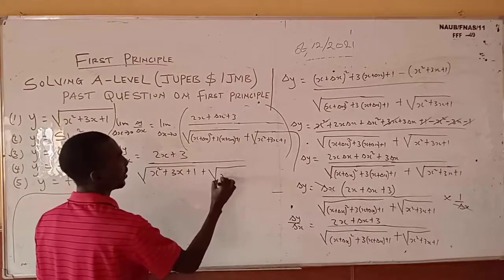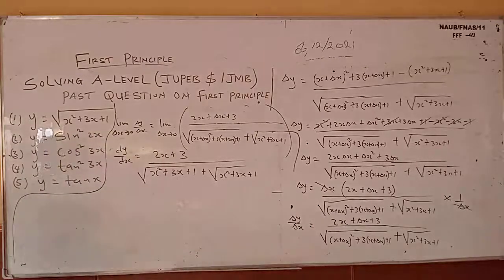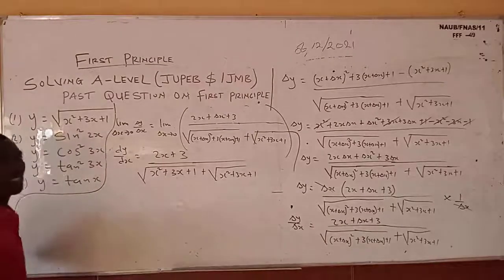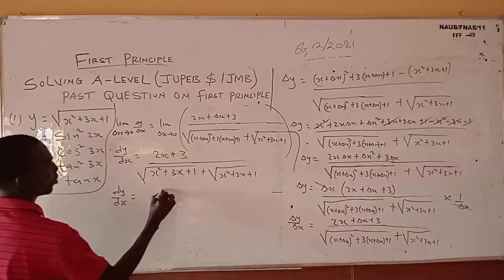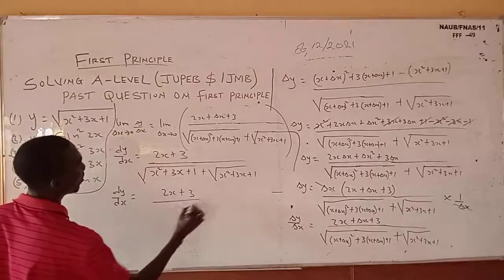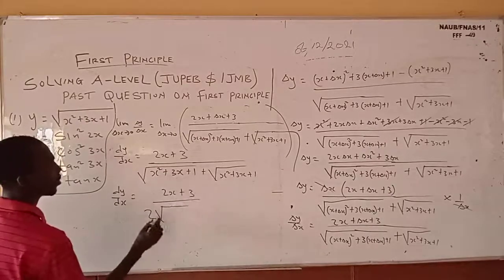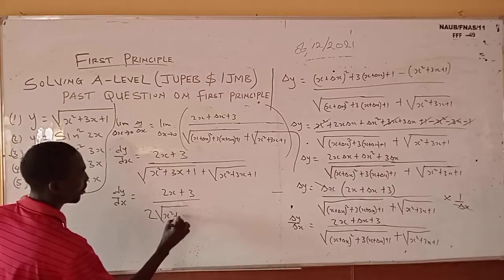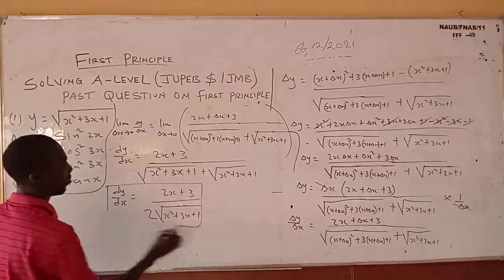So we write s squared plus 3s plus 1. I hope we get this. So can we add this and this together? Yes. So it means dy over ds will be equal to 2s plus 3 all over 2 square root of, if you add this and this together, s squared plus 3s plus 1.